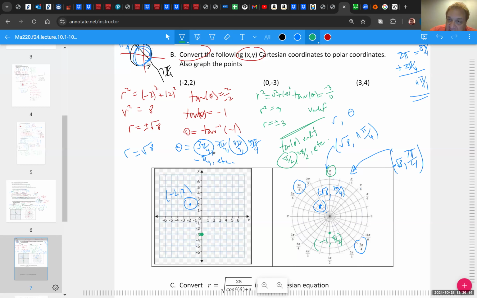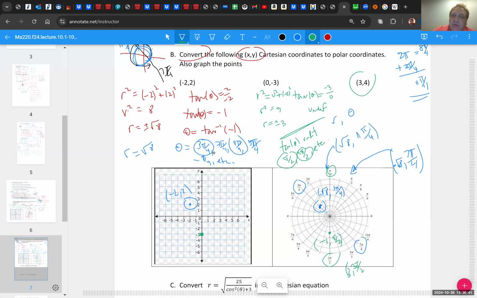Because pi over 2 is here, but instead of going radially out to pi over 2, we're going in the reverse direction away from pi over 2. So that's how we get there. You could also do the angle 3 pi over 2. In this case, we need a positive r, a positive 3. So in the direction of 3 pi over 2, you're going out 3.